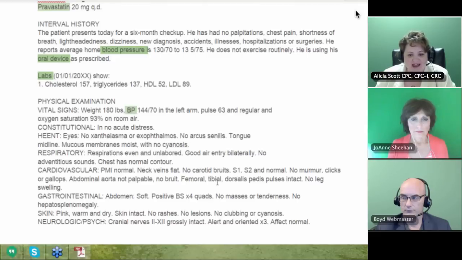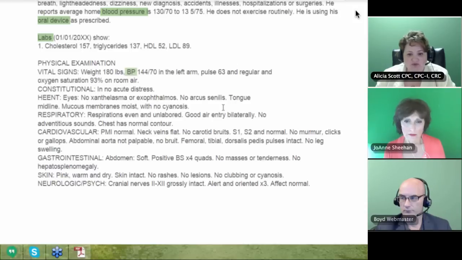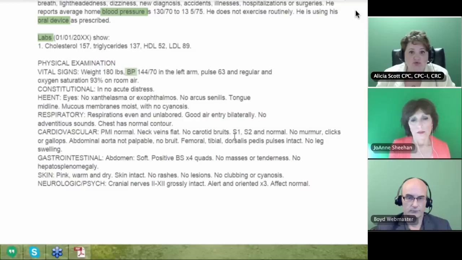Over here, look, nothing is wrong here with the cardiovascular. Scanned all of these, nothing jumps out at you, and you need to know these terms, BS time 4 quadrants, and you need to know what they mean. No carotid bruits. They're talking about the carotid arteries. The neck veins are flat, meaning they're not bulging out.